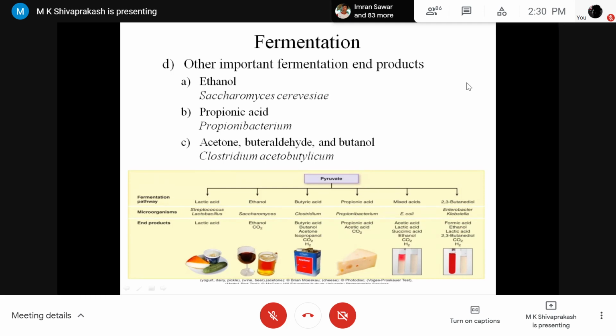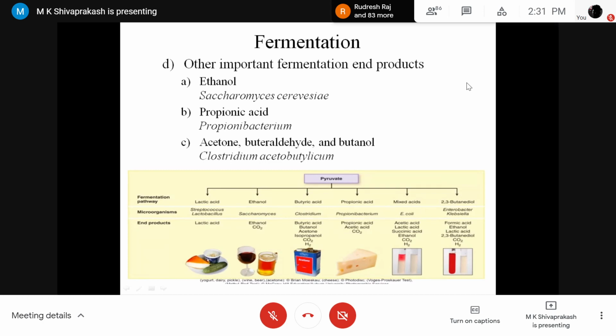Then propionic acid bacteria are used in the production of a type of cheese, that is Swiss cheese, with characteristic eyes and a bitter flavor: Propionibacterium and its species shermanii. It is used in the production of Swiss cheese. Similarly, Clostridium acetobutylicum is used in the production of acetone, butyraldehyde, butanol and so on, which have industrial importance as industrial solvents.